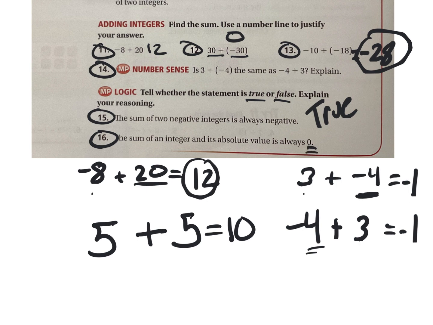That's not 0. Now, if you have a negative number and you add its absolute value, which is its opposite, that is going to be 0. But because you just say any old integer, not true. It's only true if you start with a negative integer.